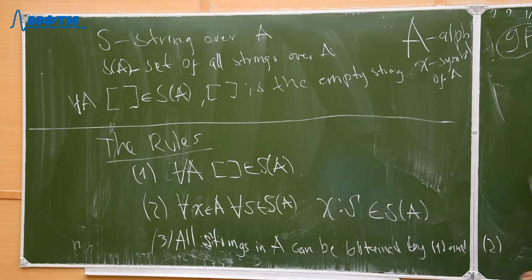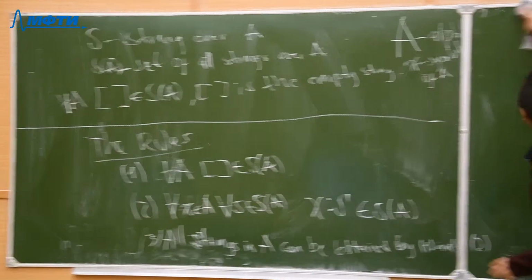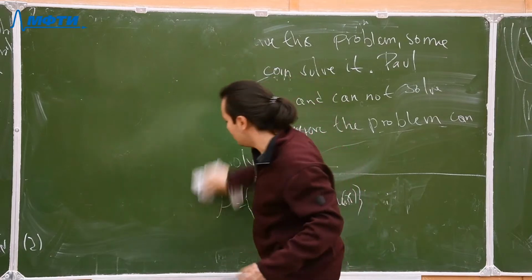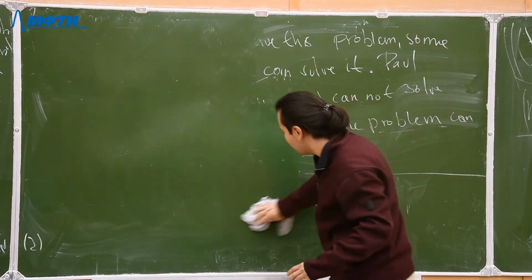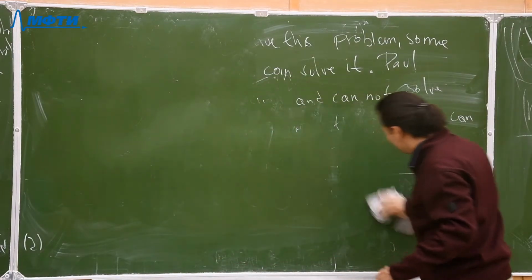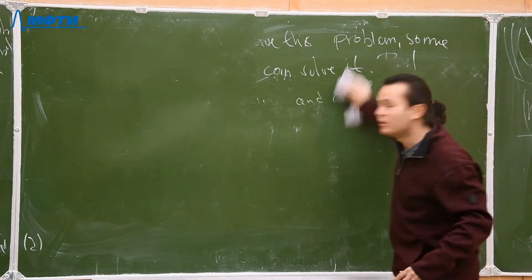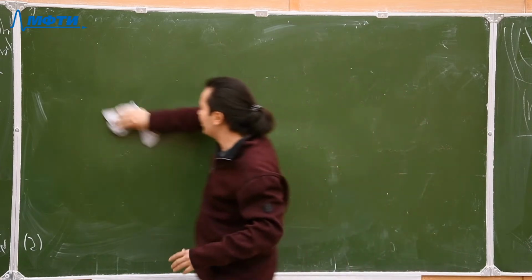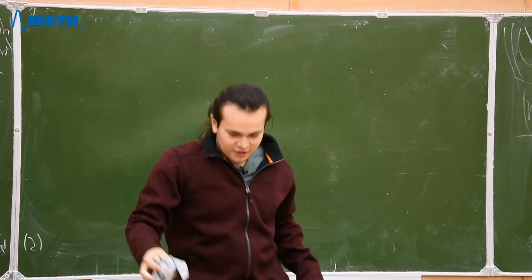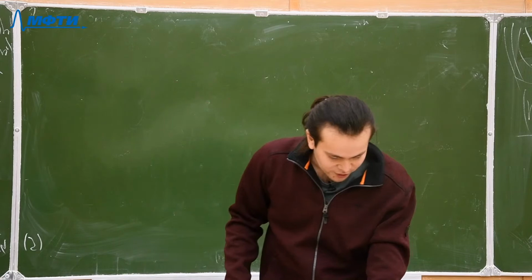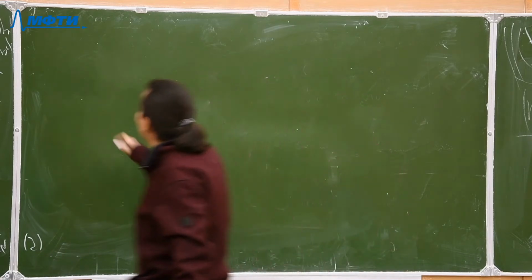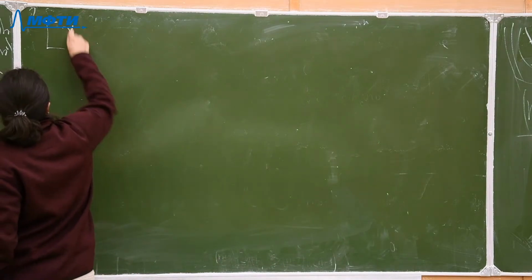Give me an example of a string over the natural numbers, for example 1, 2, anything of that kind will be a string.